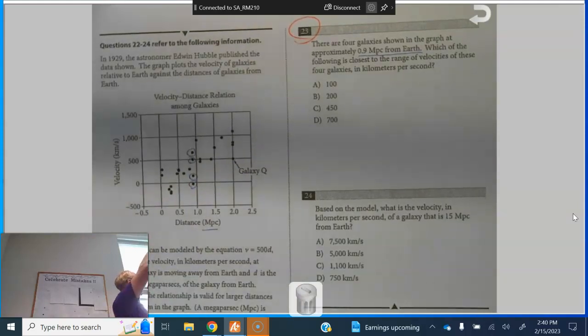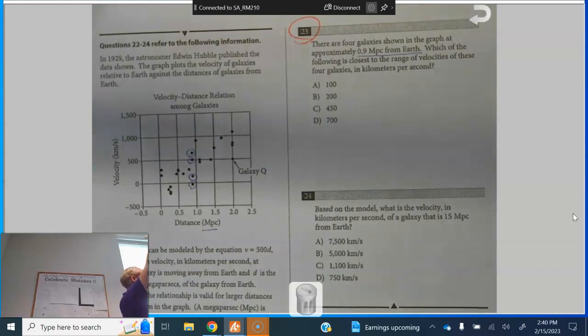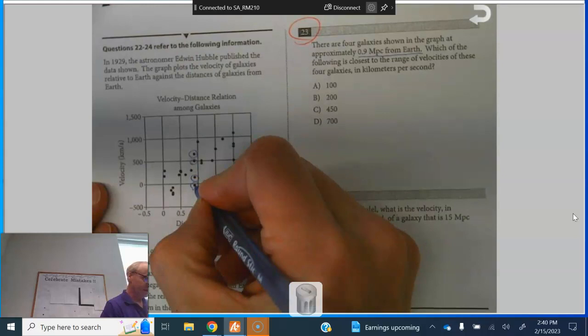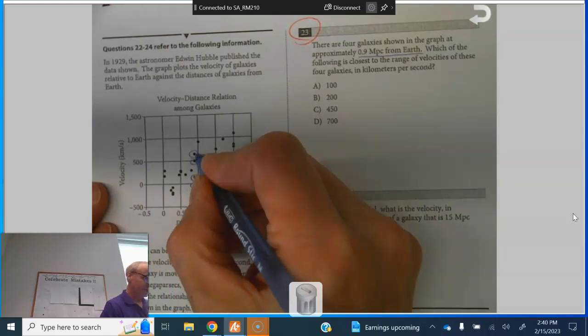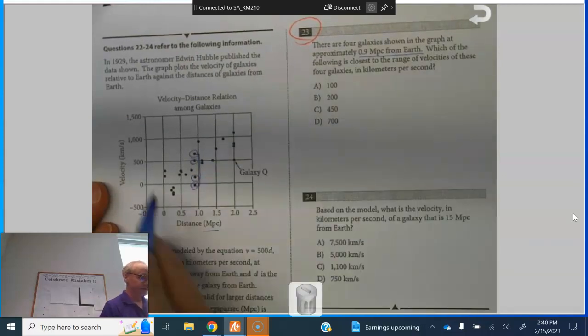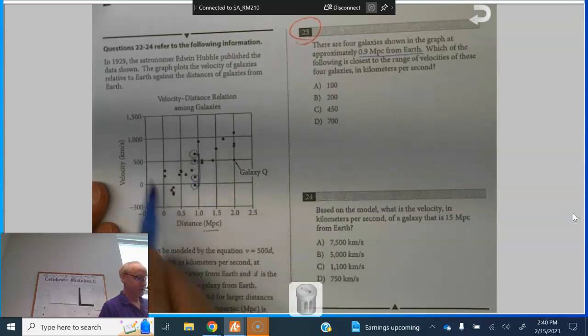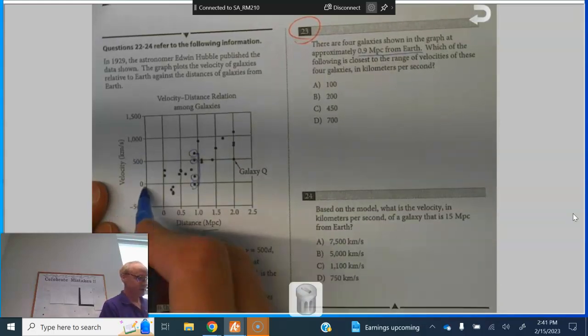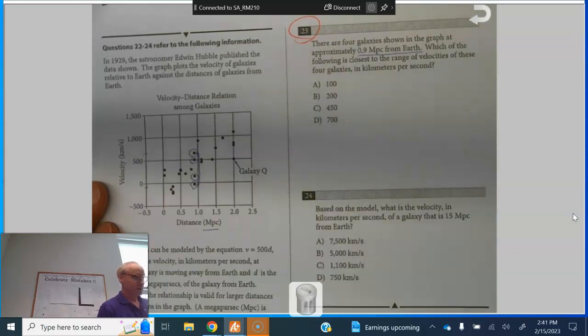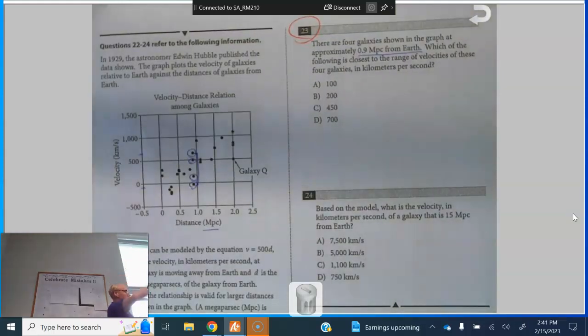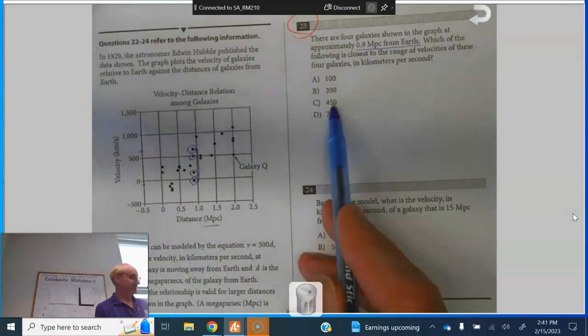Y'all know the range is how far apart things are from the biggest to the smallest? So the range goes from here to here. How far is that in velocity? How far is it from here to here? It certainly isn't 450.